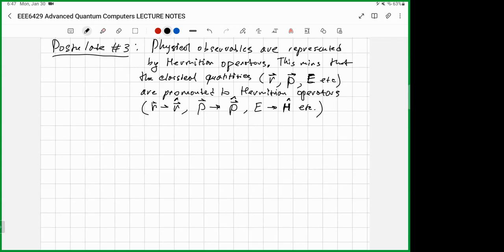So basically, this is the correspondence principle. We have some classical value that we measure in a lab, for example, position of a particle, momentum, energy, etc. And in quantum mechanics, we represent all these quantities by the corresponding Hermitian operator.